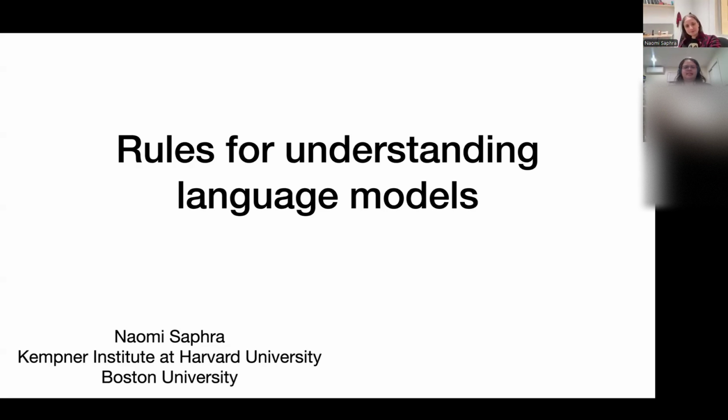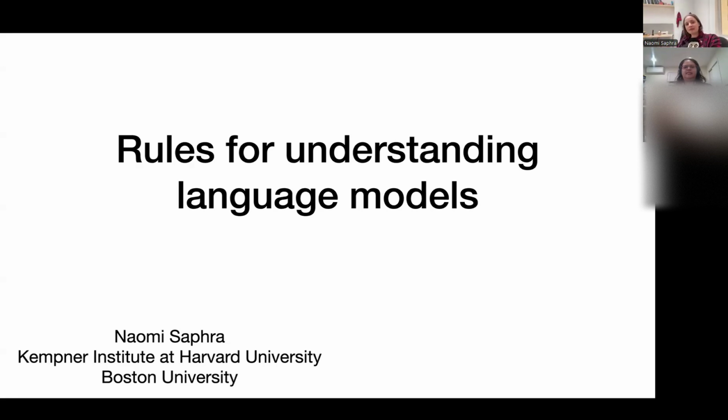So, the question of why language models do what they do is pretty complex, but I want to distill it into five rules that are pretty good for a layperson, or even an expert user, to think about language model behavior.